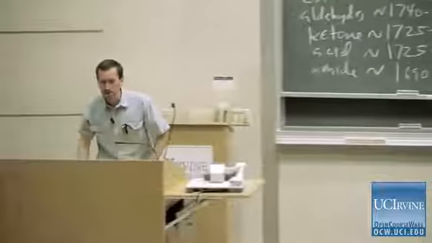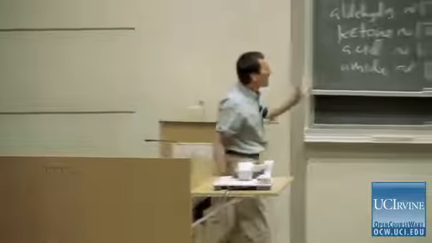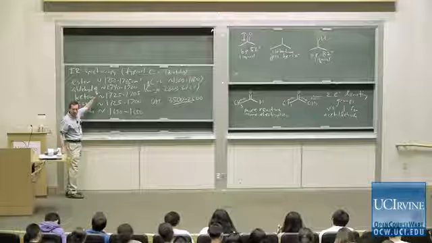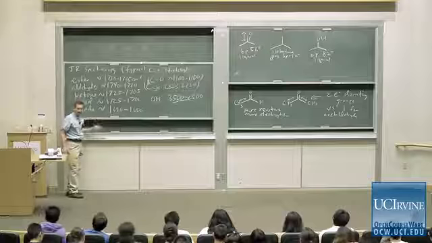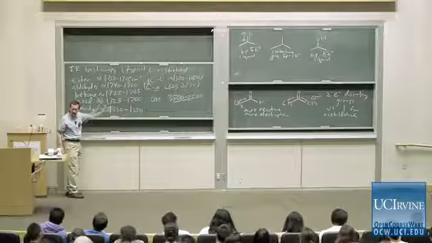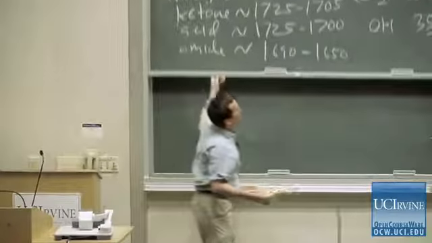They're sometimes hard to pick out because they're right on the lower edge of all of the other CH stretches, but if you look hard, sometimes you can pick it out. However, there are going to be other spectroscopic features, for example, in the NMR spectra, that would clue you in to an aldehyde, the presence of the CH group, which we'll talk about in just a moment.